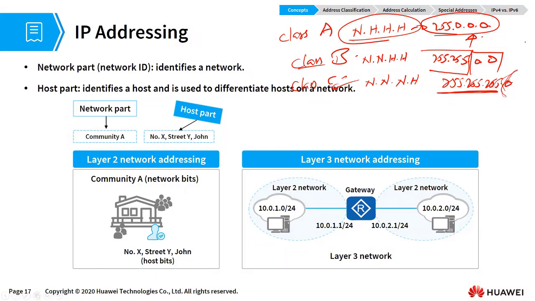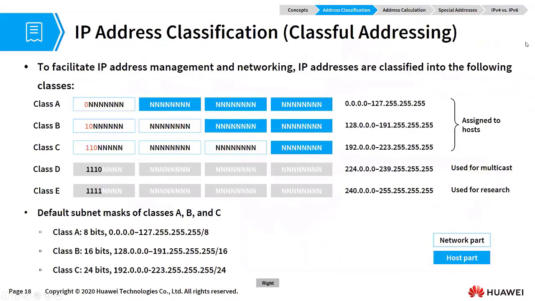These things I'm telling you, people have already used them. They just haven't given them names. We have class A addresses, class B addresses, class C addresses. Class A addresses are addresses in which the first octet is for the network, and the remaining 3 octets are for the host.